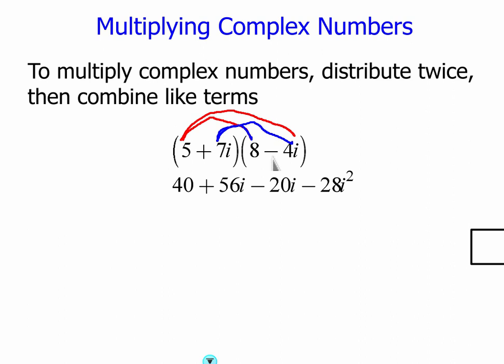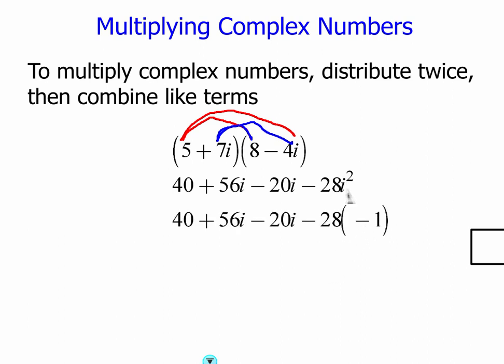And then I want to do the same thing over here. 5 times negative 4i, 5 times negative 4 is negative 20, I've got my i. 7i times negative 4i, 7 times negative 4 is negative 28, and i times i is i squared. So now I've got this to work with. I want to do some simplifying. The first thing I want to look at is this i squared.